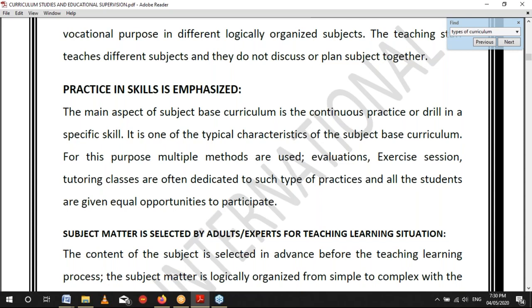Number 5, learning subject matter is the end in itself. The teacher focuses on covering the subject matter. This is for a separate teacher, for a separate subject. So each teacher focuses on covering the subject.